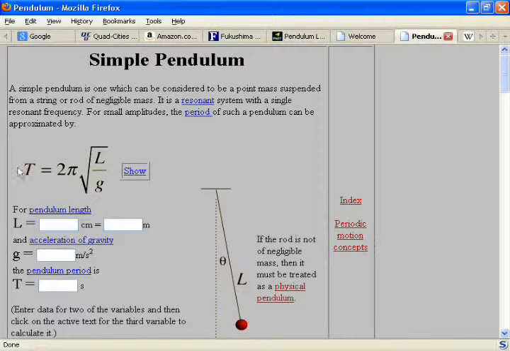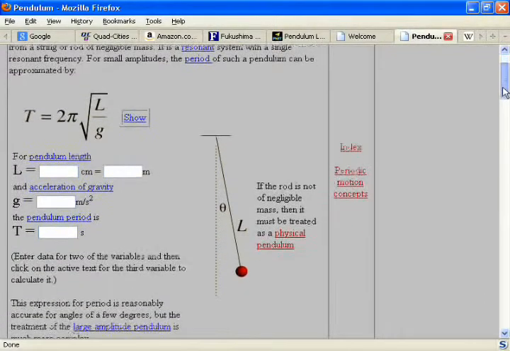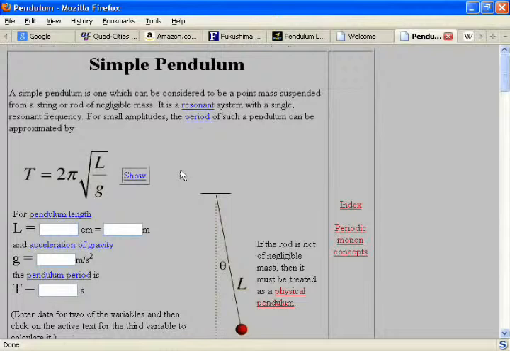But then we have our equation. T is the periodicity of the pendulum. Now, the flag on the moon is like a pendulum. It's really not quite like this simple pendulum, but we're going to start off with this. Very simple.